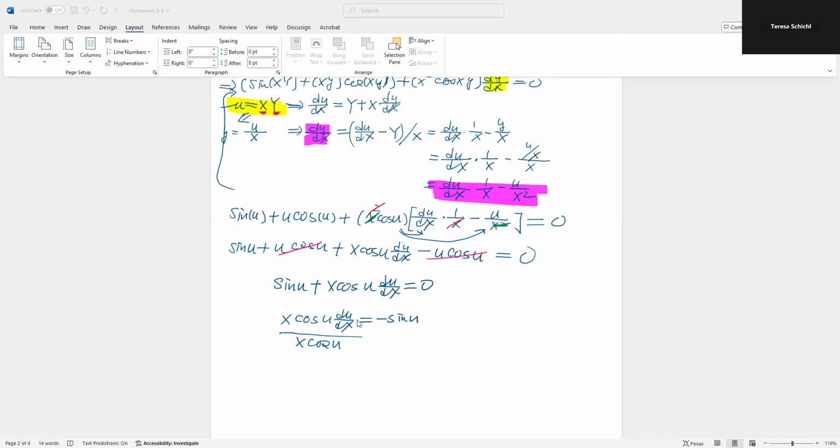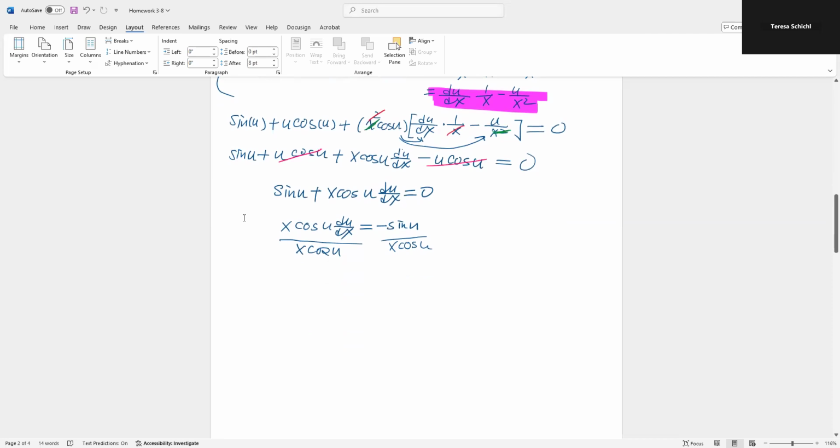All right, so here this is x cosine u, and now I have du dx is equal to negative tangent u times 1 over x.